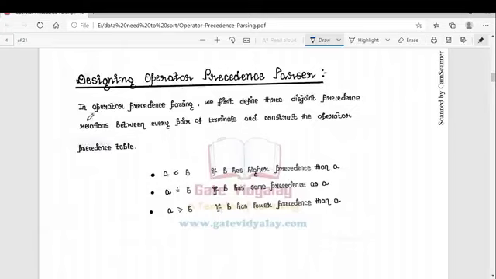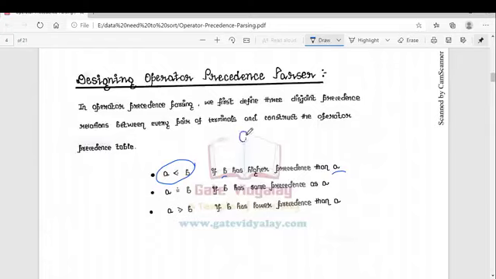First of all, this table is generated only for the terminals. So if we have two terminals A and B, and B has higher precedence over A, then we write it like this.